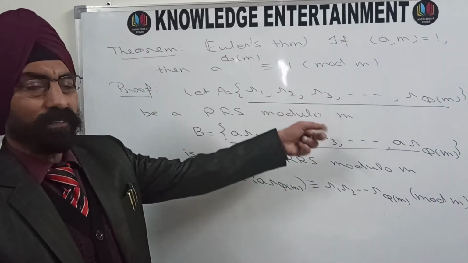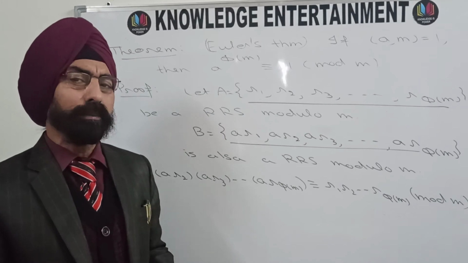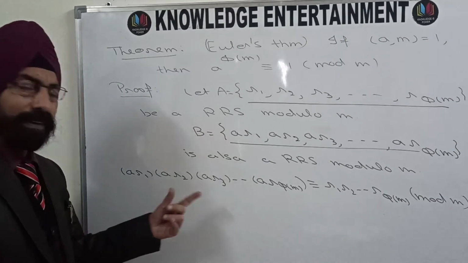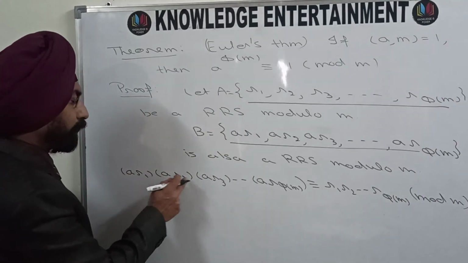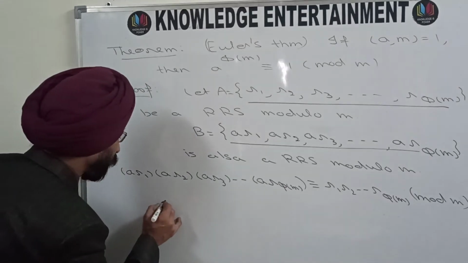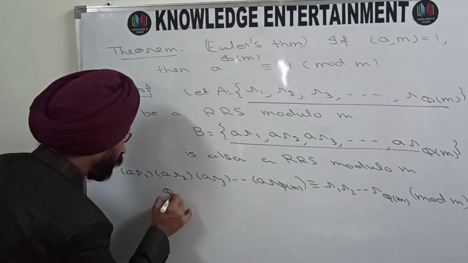The product of two different reduced residue systems modulo m is congruent to each other modulo m. On the left hand side, a multiplied by a multiplied by a, how many times? φ(m) times. So it will give you a to the power φ(m).